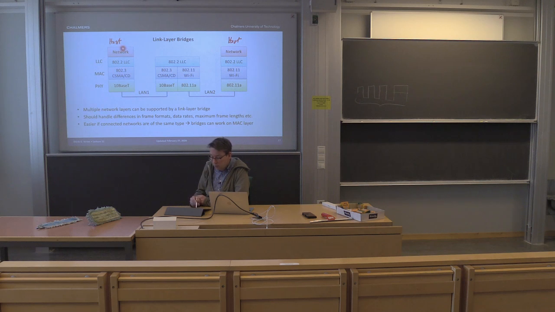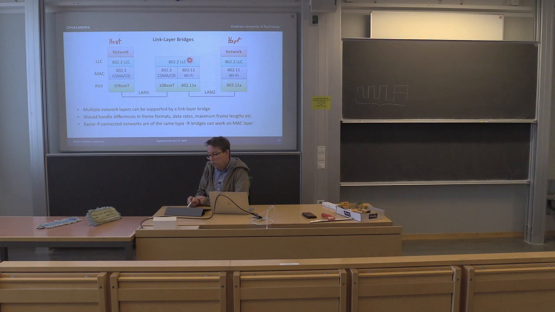So data that goes from this host actually goes down over this physical layer, and then we have this intermediate device, which is a link layer bridge. So there is some data coming in here, for instance, using the same physical layer as the physical layer on the LAN here, of course. There is a MAC layer, and then it pops up into the LLC layer here.